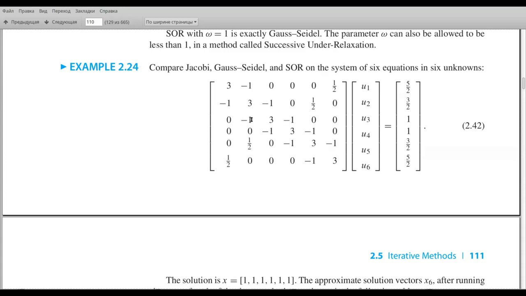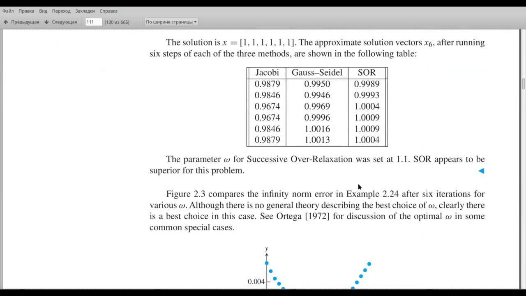That's it. All other rows will satisfy diagonal dominance even better. So it's convergent, right?